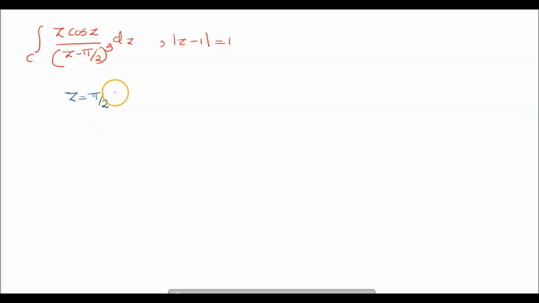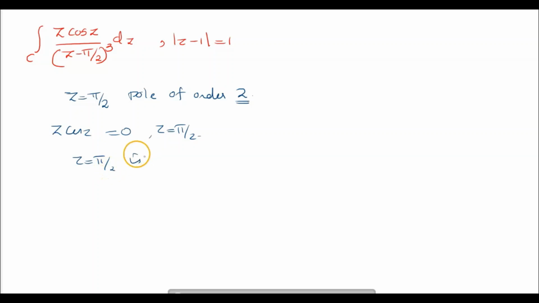And it is a pole of order not 3, this is order 2, since the numerator is z cos z, which is equal to 0 at z equal to pi by 2. That means z equal to pi by 2 is a 0 of the numerator.